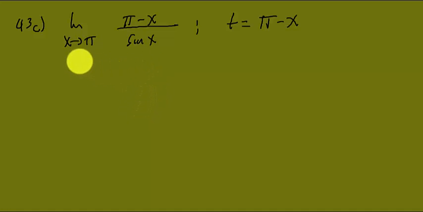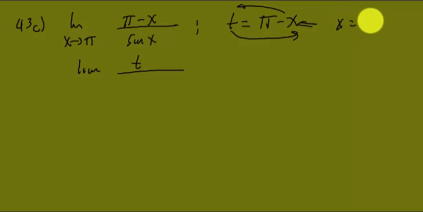So I have a limit. Okay, this now becomes t on the top. Of course, when I solve this for x, I'm going to switch these two. That's going to give me x is equal to pi minus t. Okay, so I'm going to write sine of pi minus t.